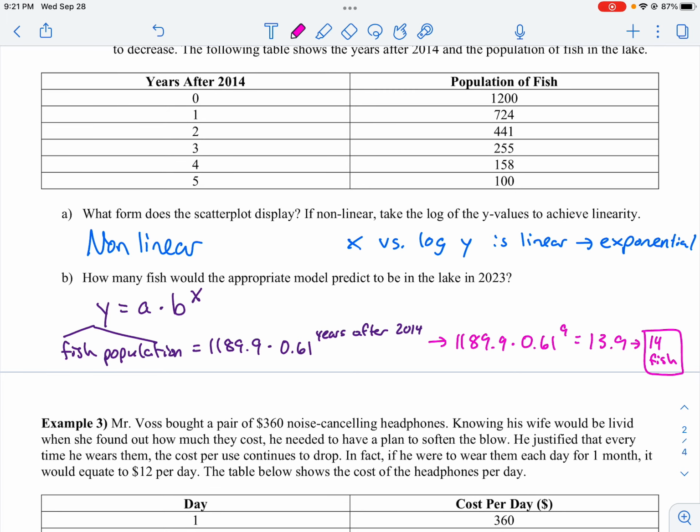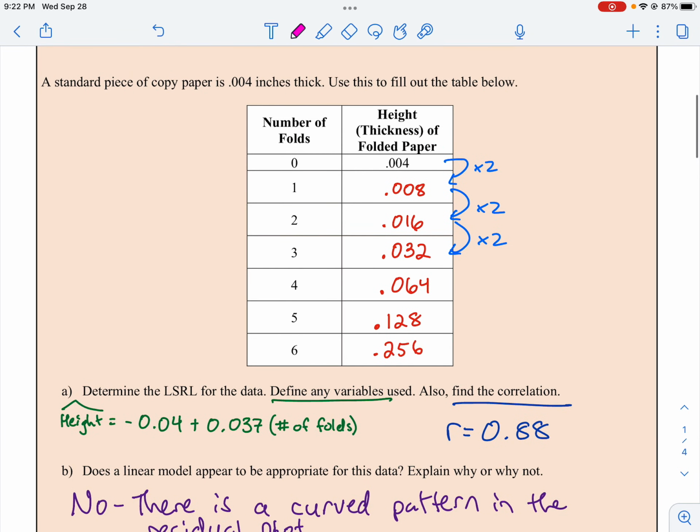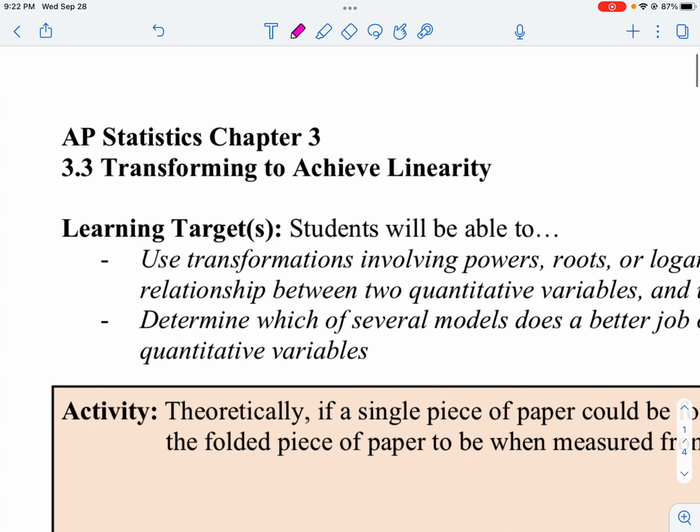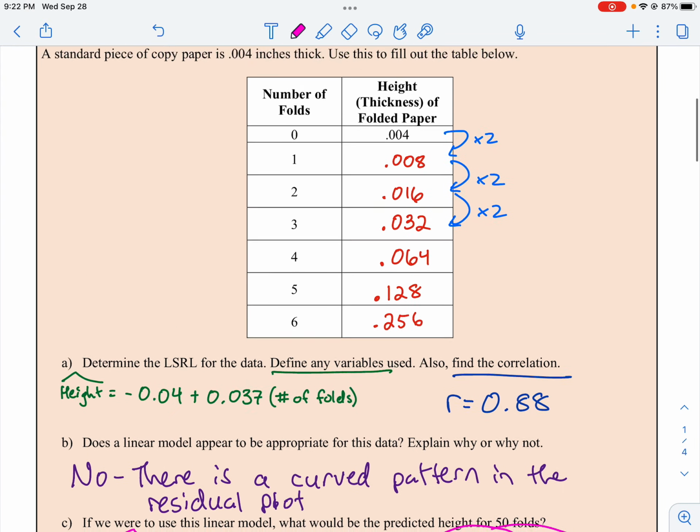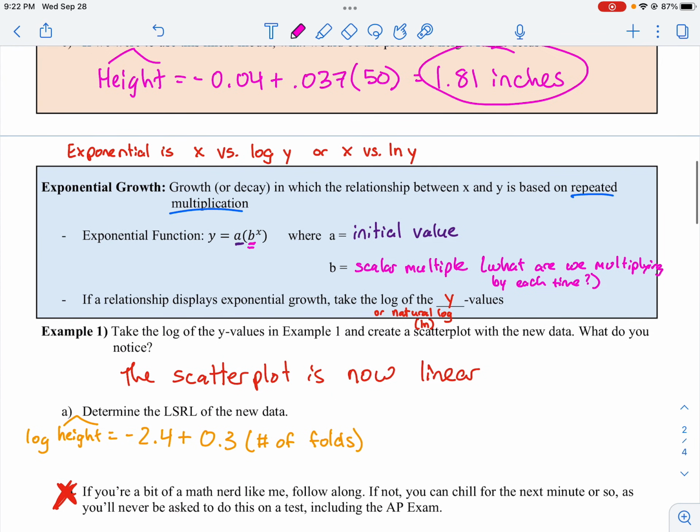Okay. So as a quick summary, not every relationship that we have is linear, but we want things to be linear because it's the easiest to work with. Correlation only works for linear models. So we might have to transform our data in order to achieve that linearity. So the first type of relationship we focused on was an exponential model. In an exponential model, y equals a times b to the x, where a is our initial value, and b is our scalar multiple.